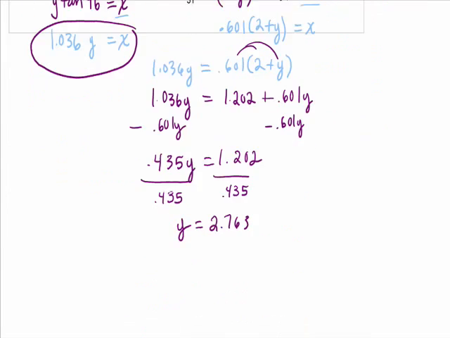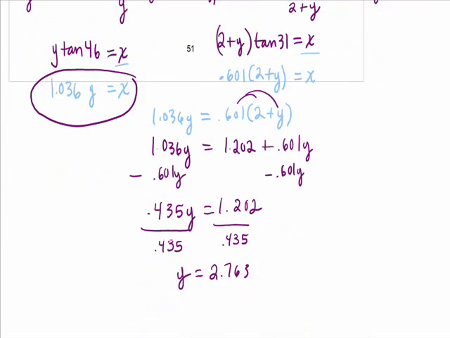So I'm going to take my y value of 2.763 and plug that in. 2.763 times 1.036, and we get about 2.863. Good. And that's going to be miles. Now, depending on where you round, your answers might be off by a hundredth or a thousandth.